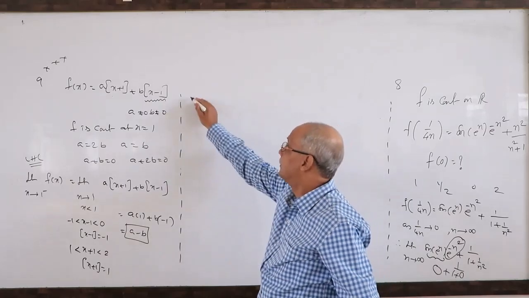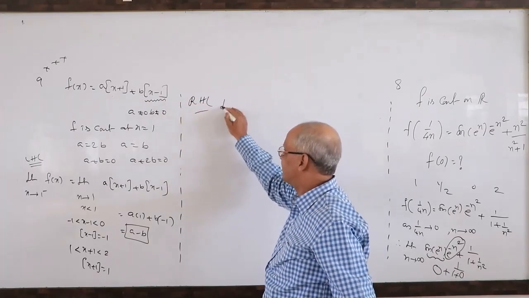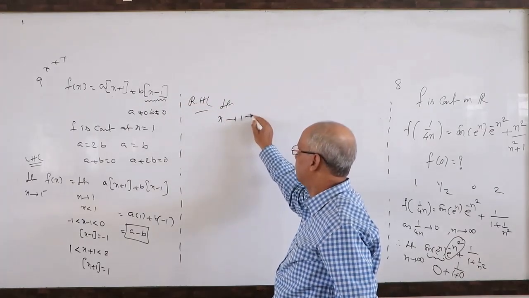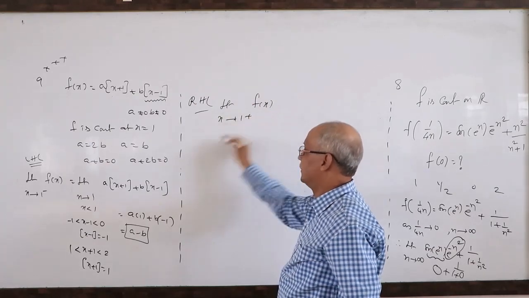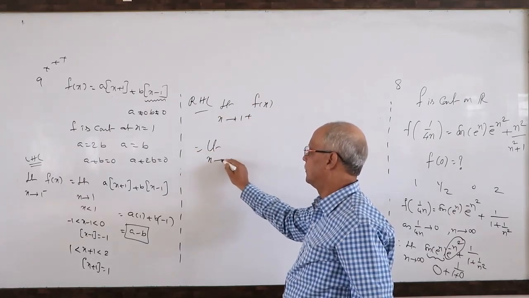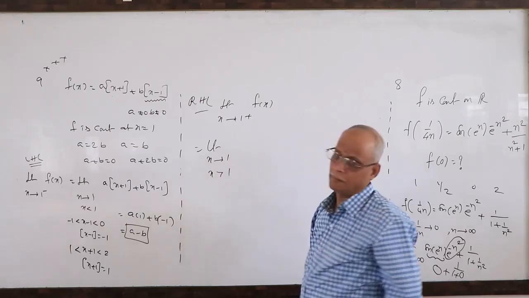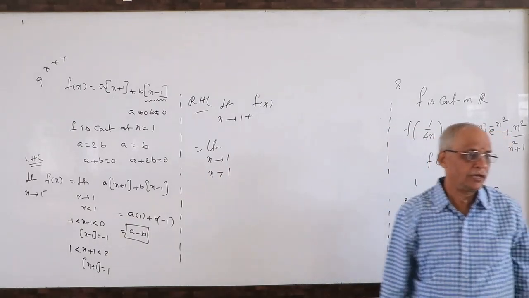Right limit. What is the meaning of the right limit? X tends to 1 plus f of x is the same as x greater than 1.